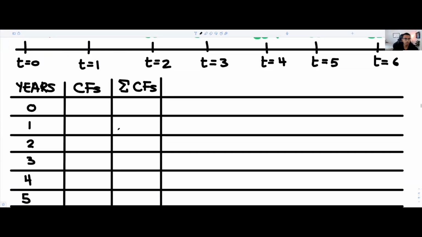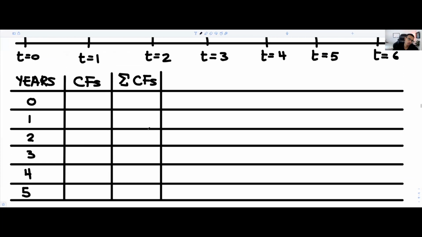Okay, so now we have our cash flows and the sum of our cash flows. We could even look at our balance. Why not? We could go ahead and copy this one. Cool. Okay, so let's look at these things.